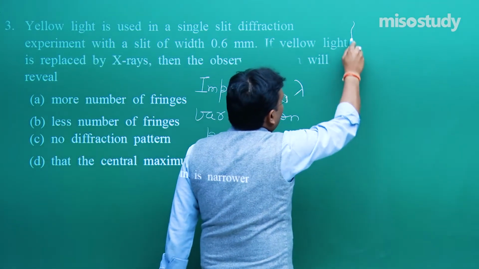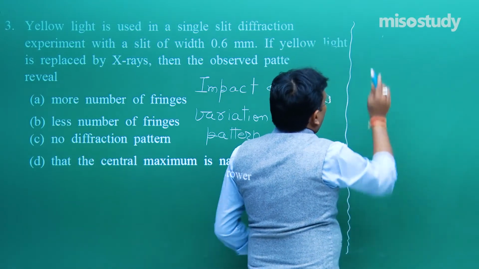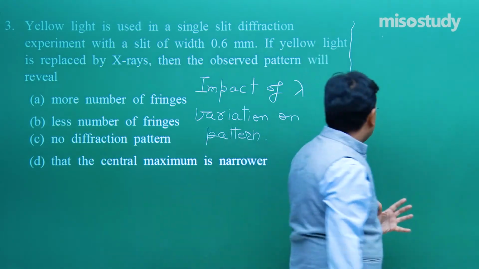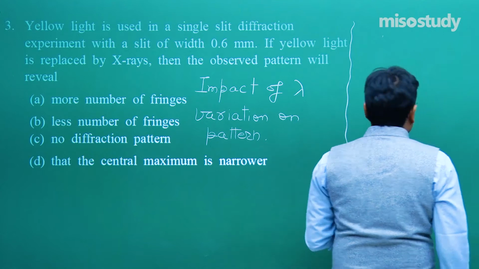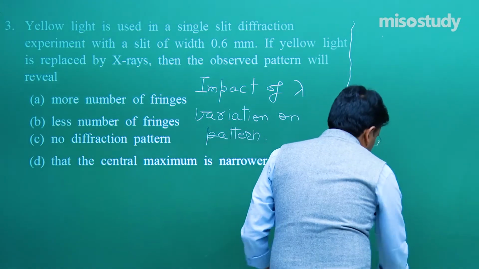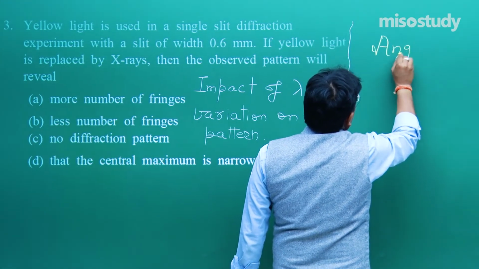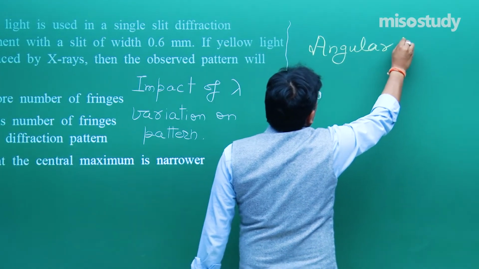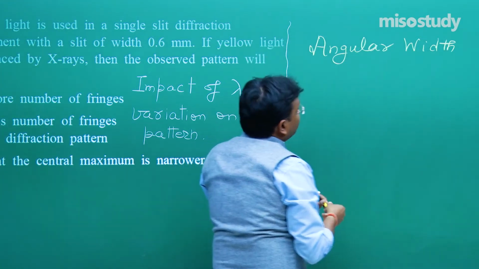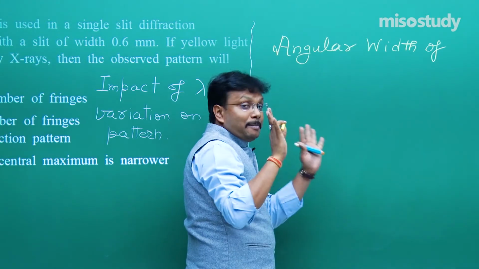So now as usual, which parameter are we going to use to understand this pattern variation? Ultimately we need some mathematical formula. Fine. So here, the angular width of central maxima, because in a diffraction pattern, as I told you, central maxima is important.